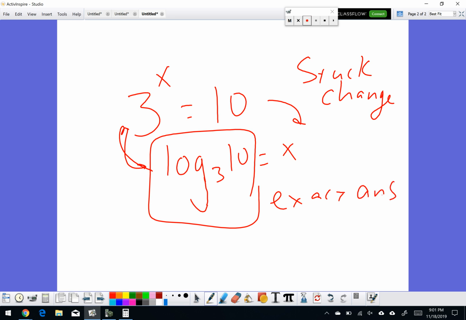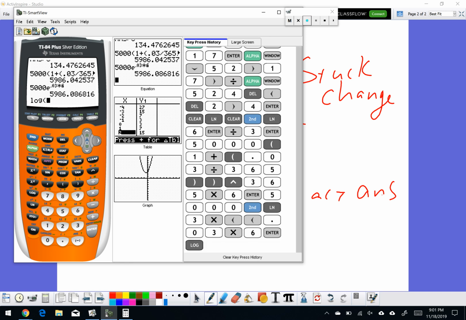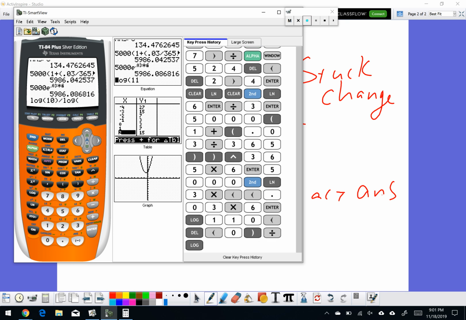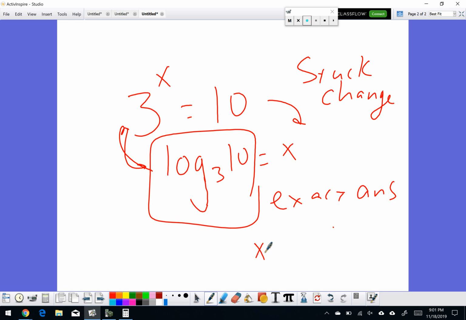But we could do a simplification. I'm going to use this calculator here. So I'm going to go log of 10, divided by the log of 3. X is 2.09.